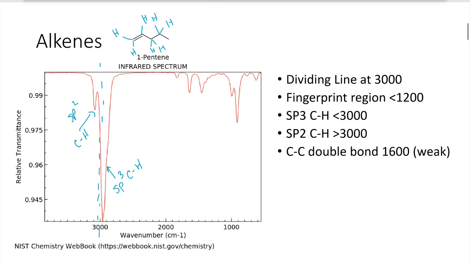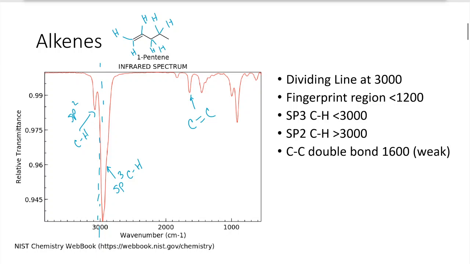Also, at about 1600, we'll have a peak that's characteristic for an asymmetric carbon-carbon bond. The carbon-carbon bond will have a change in dipole when it absorbs that frequency of energy if the carbon-carbon bond is asymmetrically substituted.